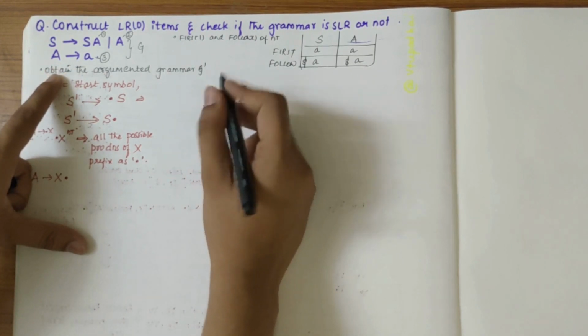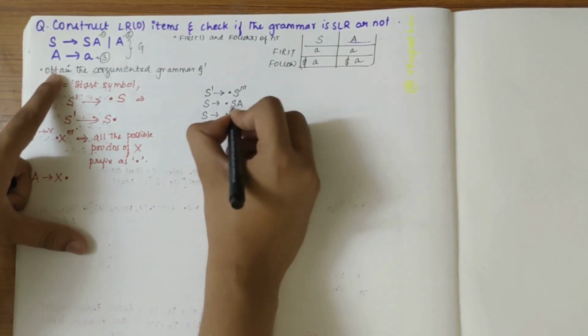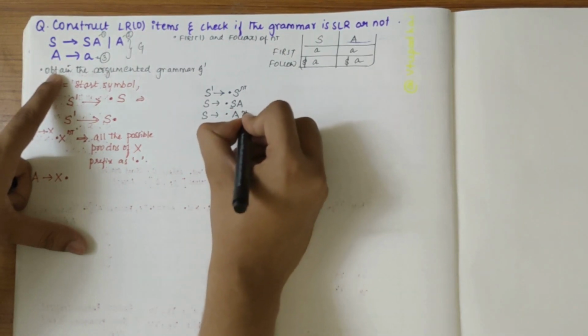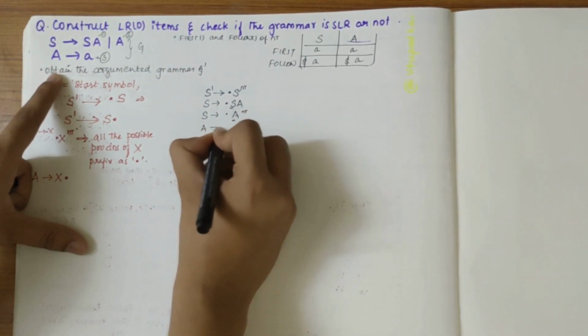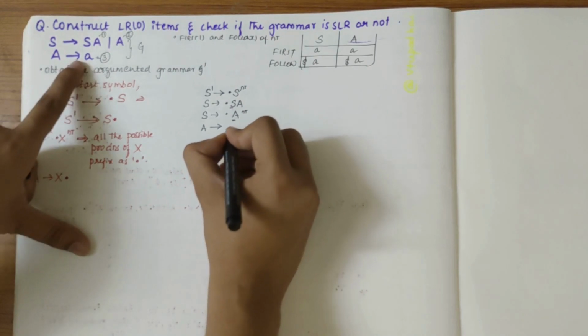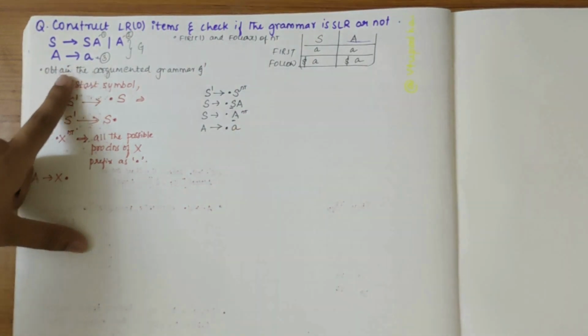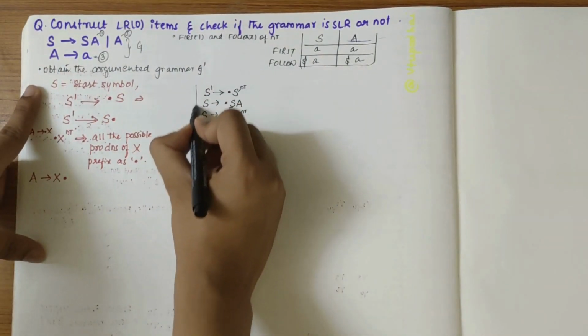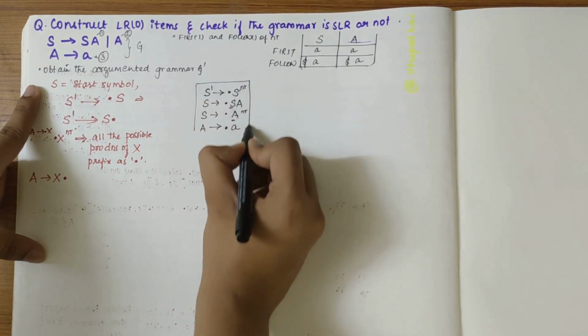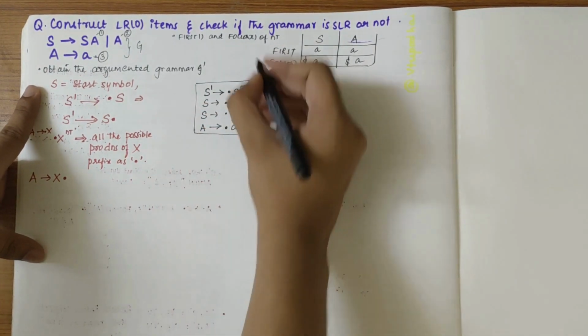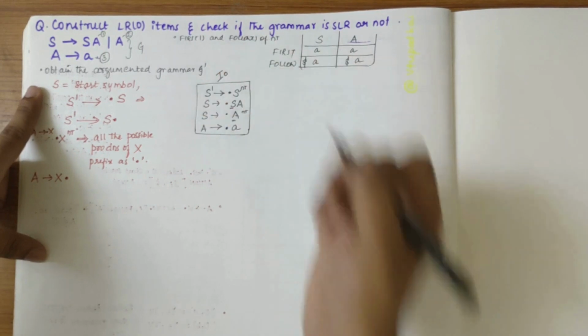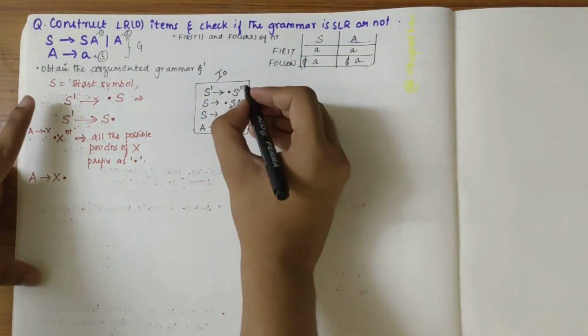I have written the expansions of S, so you need not consider this. Here I have A being a non-terminal, so write all the possible productions of A with dot as its prefix. So I have obtained this. I'll write down these items in a table and name it as I0. So I0 I have obtained.